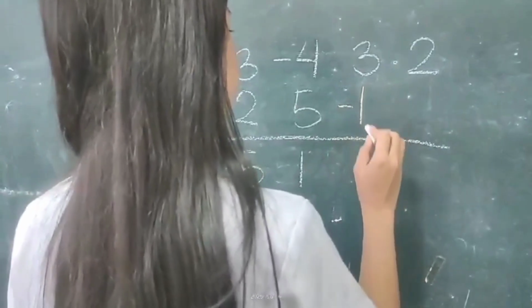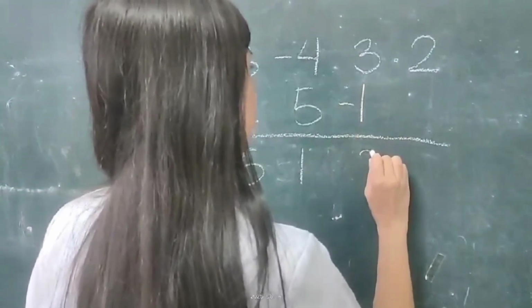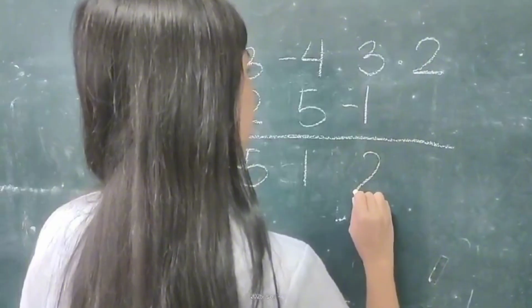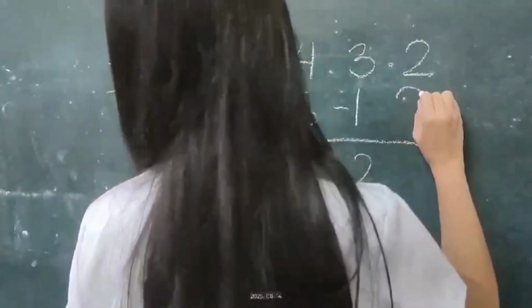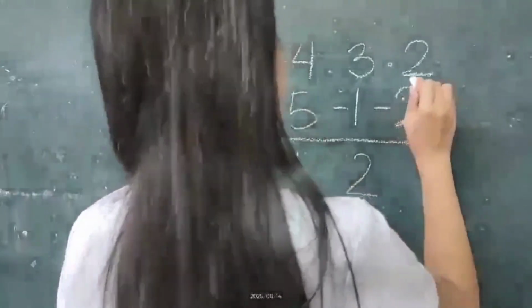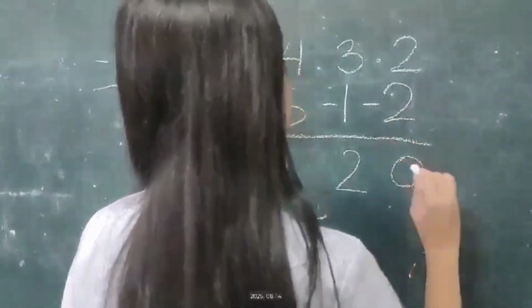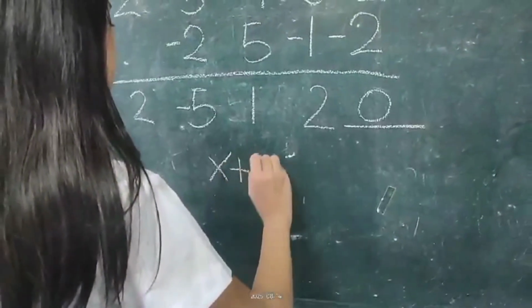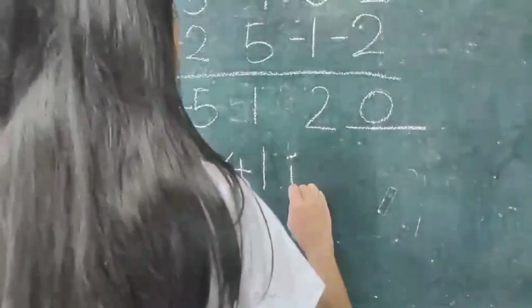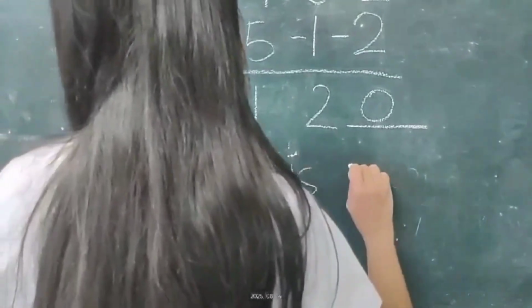Positive 1 times negative 1 is equal to negative 1. Positive 3 minus negative 1 is equal to positive 2. Then multiply the positive 2 by the negative 1 again, and positive 2 minus negative 2 is equal to 0. So x plus 1 is a factor.